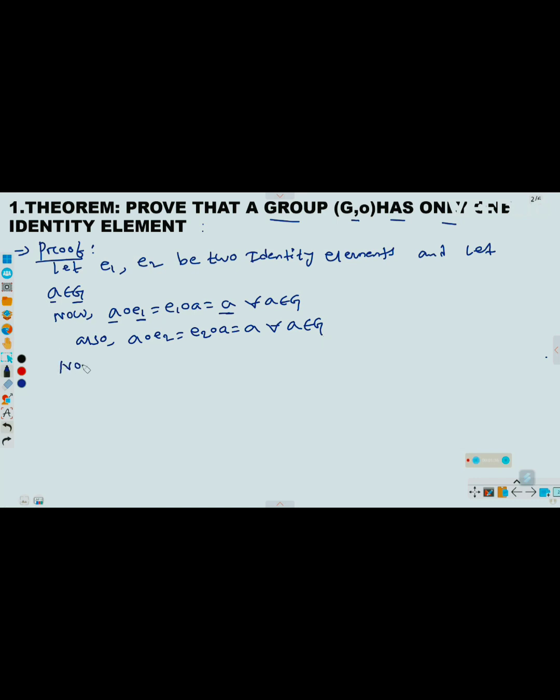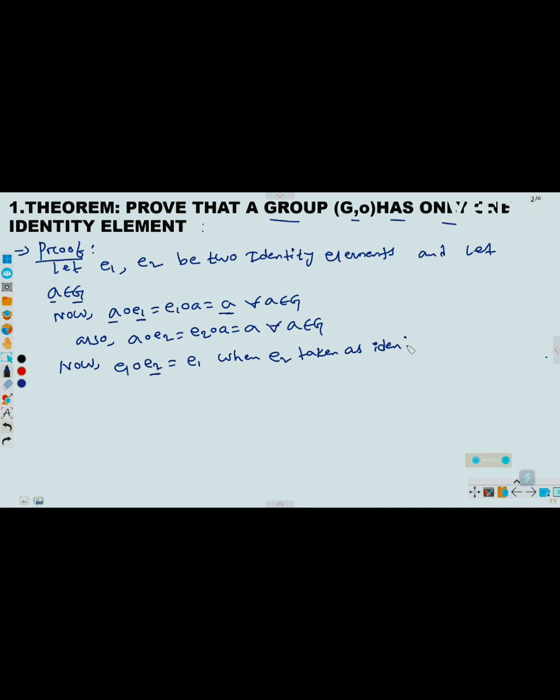Now, further we can say E1 compose E2 is equal to E1, when we treat E2 as the identity element.